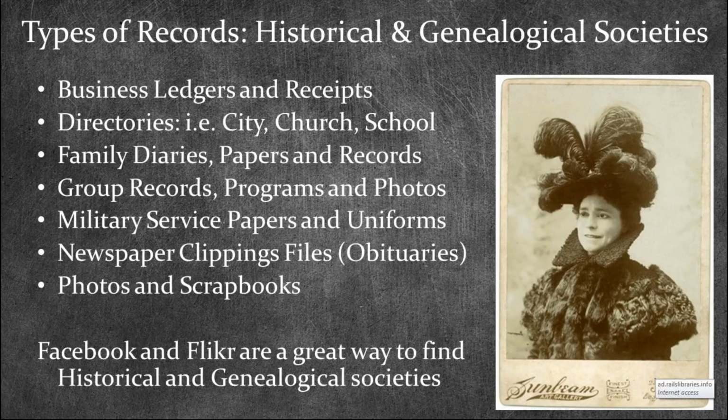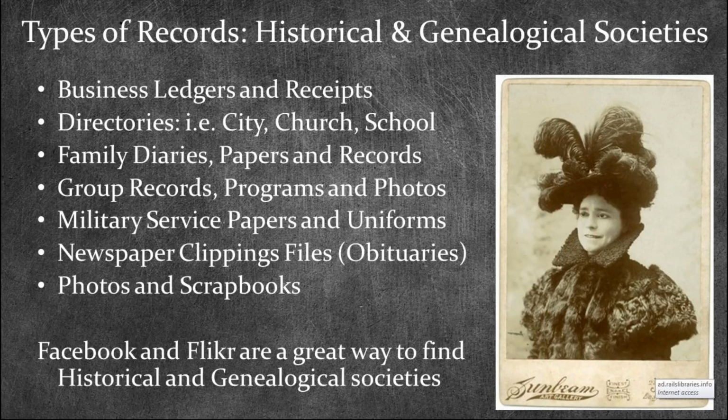Things like directories, whether it's a city directory or phone books, whether it's a church directory, like a Catholic Church Jubilee book or an anniversary book for the Methodist Church. They're going to have school directories, alumni directories for schools. They're going to have school photos, school yearbooks. So they're going to have a lot of that type of individual family history.